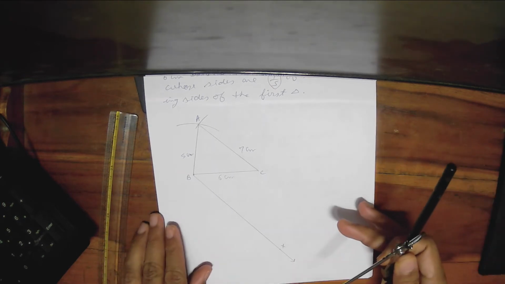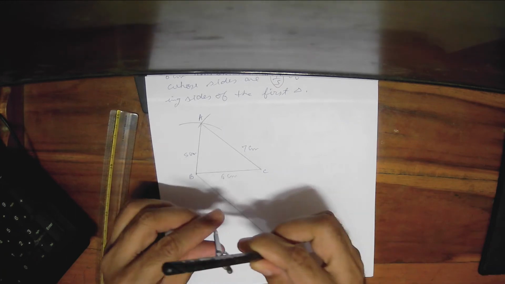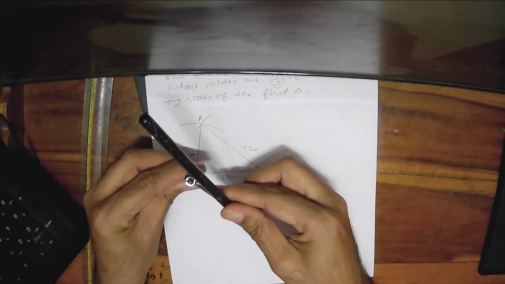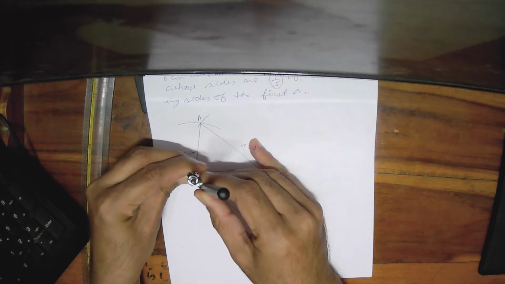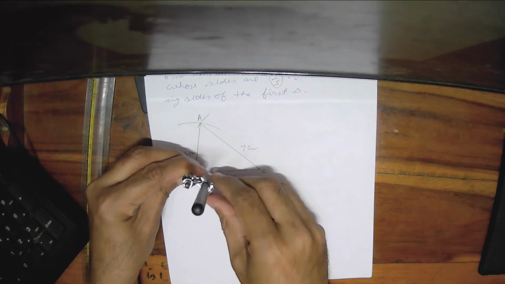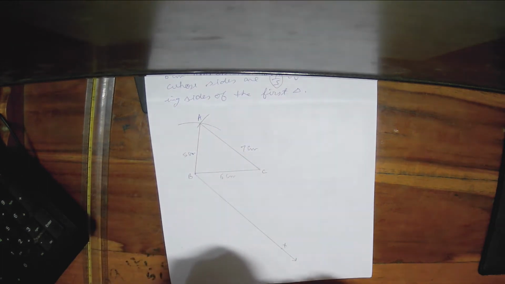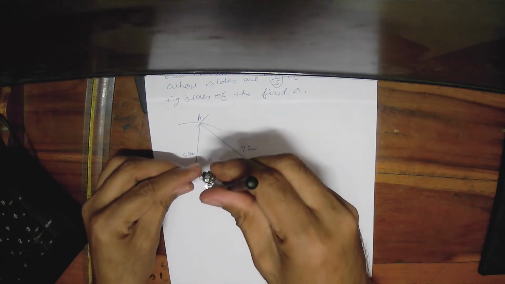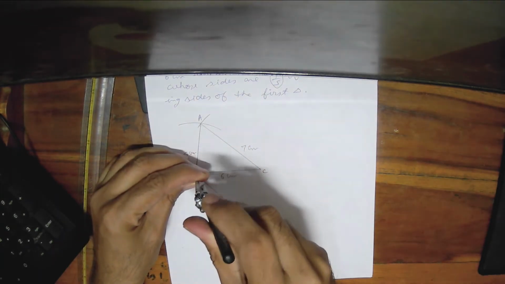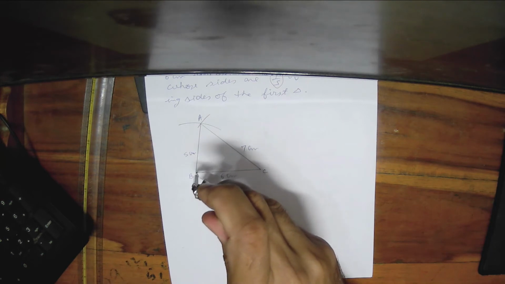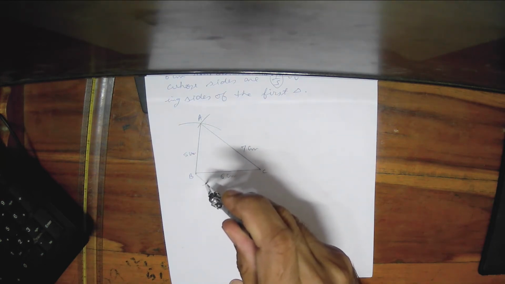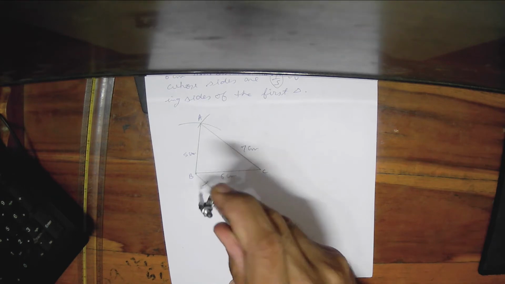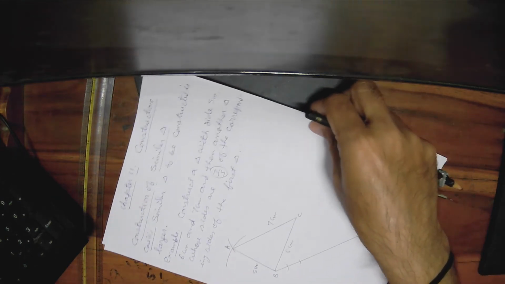So from here we will draw 7 equal arcs. You can take a length of any radius. From here we will start. This is the first one, then the second, let me draw like this.